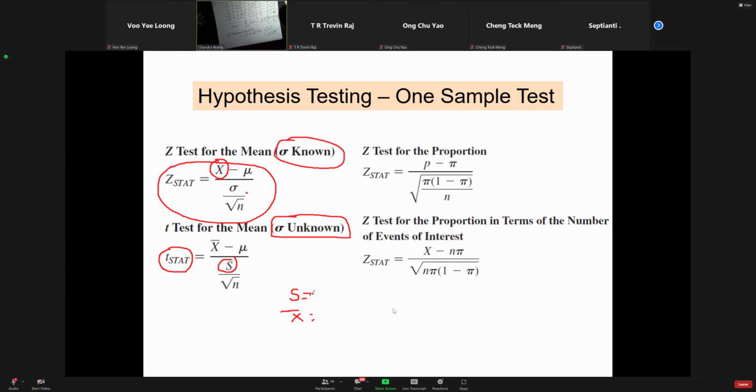S is the sample standard deviation, correct? What is x bar? X bar is the sample mean. It is not the population mean, it is the sample mean.